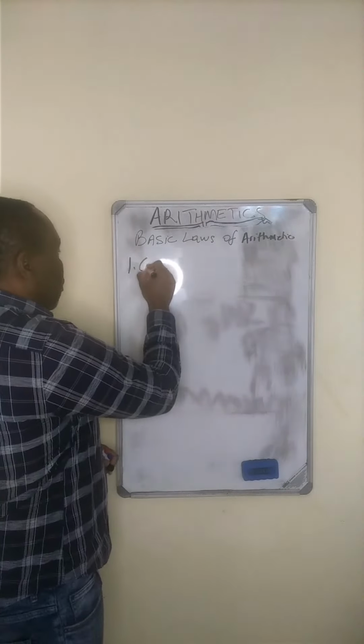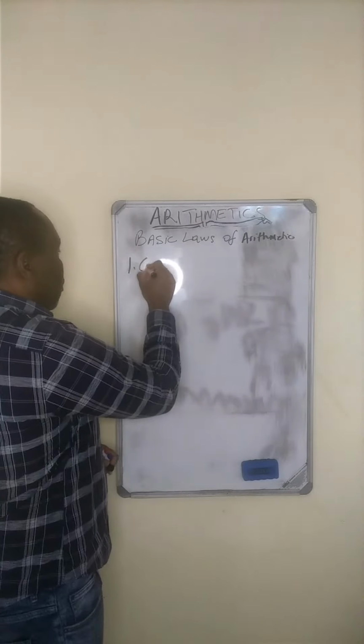Let's say it is 24 divided by 12 divided by 2, and we see if it gives us the same answers. If it gives us the same answers, then it's associative. If they are not the same, it's not.